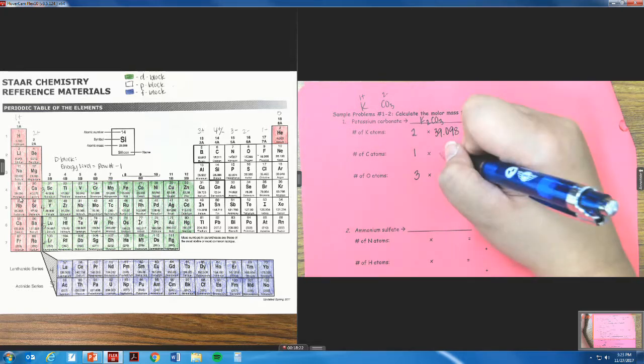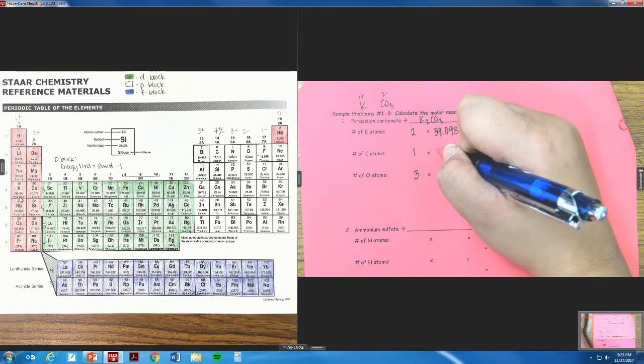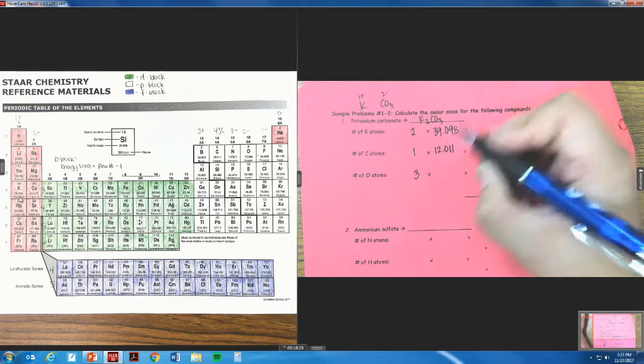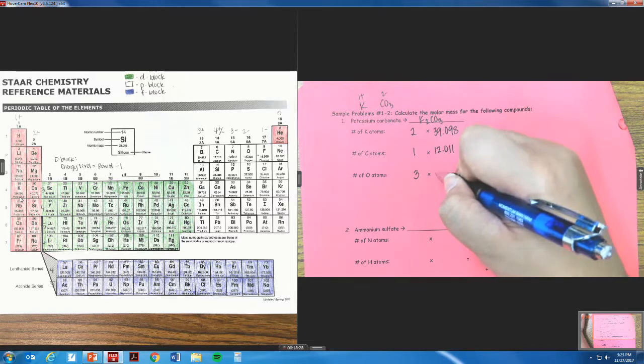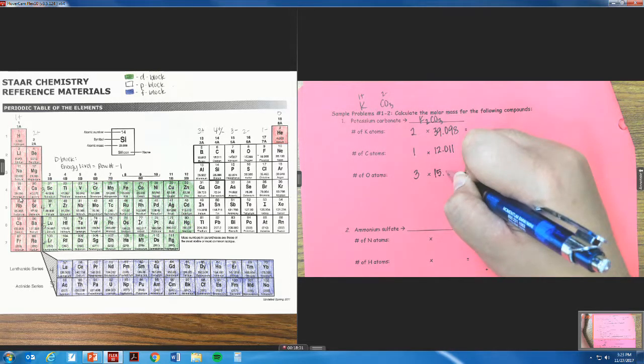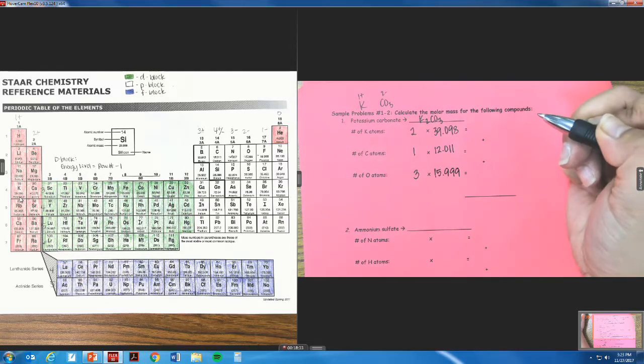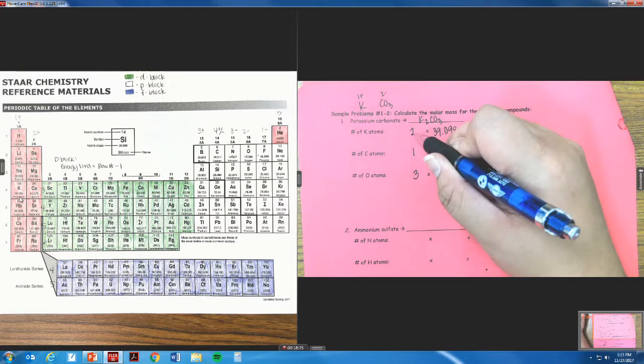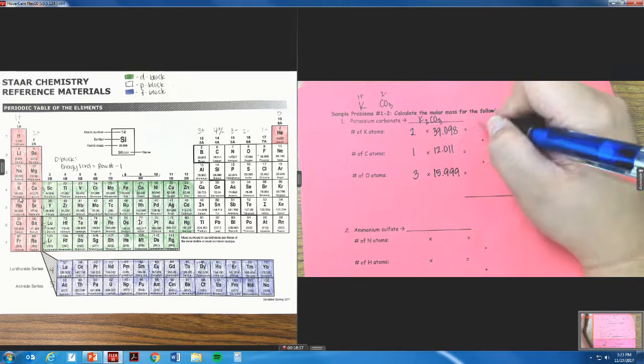And then carbon is going to be 12.011, and oxygen's atomic mass is 15.999.